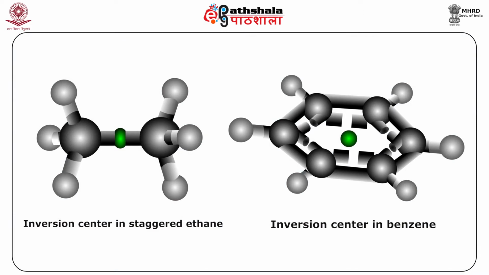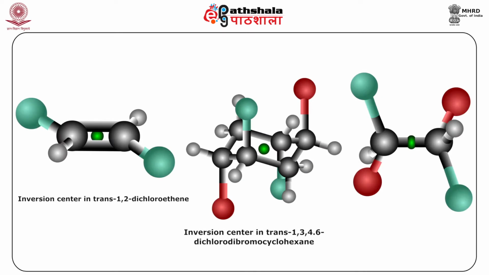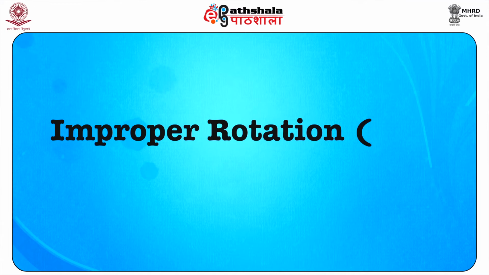However, we can see here the inversion center in benzene is quite different. Similarly, there are other molecules in which you can appreciate the existence of an inversion center, that is in trans 1,2-dichloroethene and in trans 1,3,4,6-dichlorodibromocyclohexane.